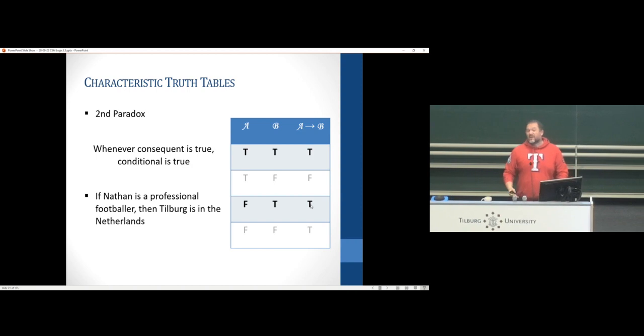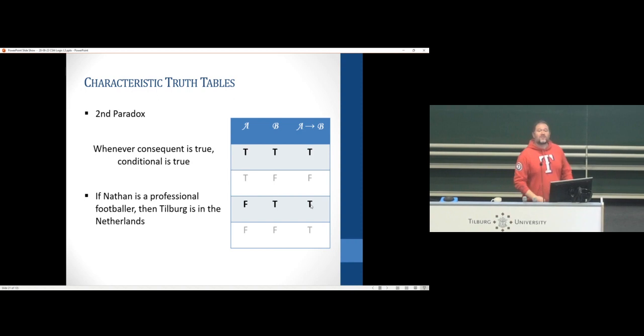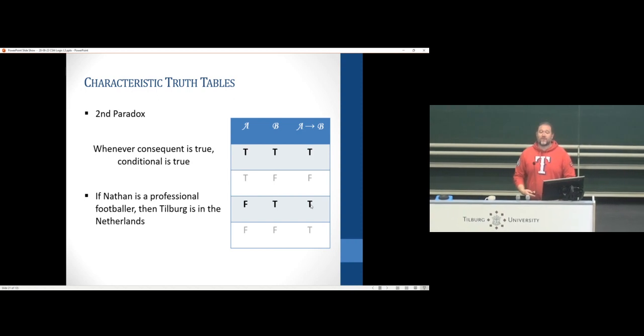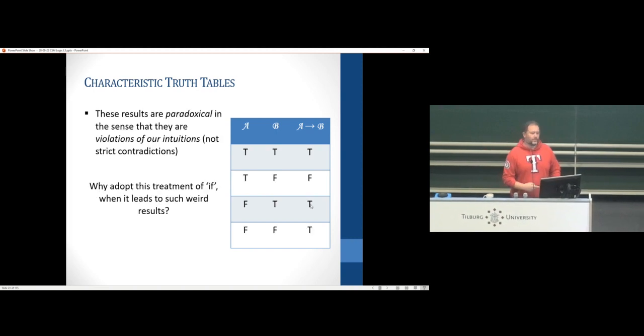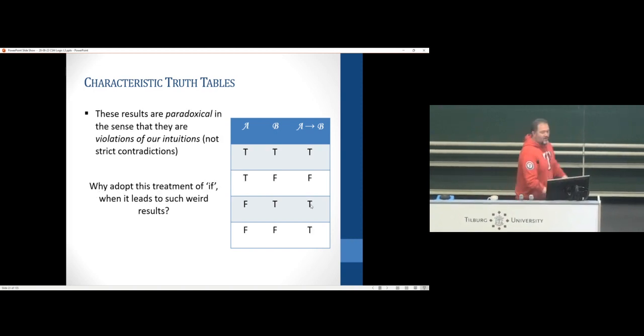Which is weird. Right? So these are actually what we call the paradoxes of material implication. The paradoxes of the conditional, as it were. They're paradoxical not in the sense that they entail a contradiction, but in that they violate pretty badly some basic intuitions we might have about if-then statements.